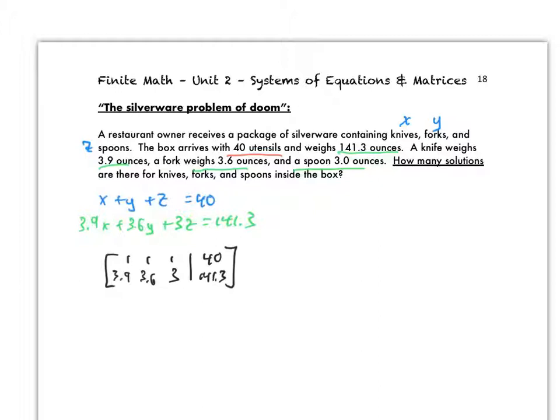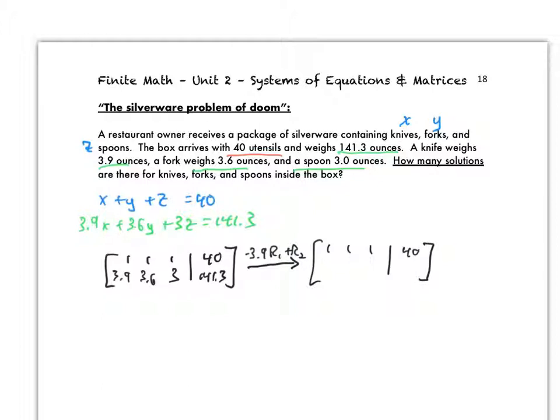So let's do a row operation here, and that row operation is going to be a multiply and add scenario. I'm going to take negative 3.9 times row 1 and add it to row 2, bearing in mind that row 1 is going to stay the same. Now, here's what the result of that is going to be.